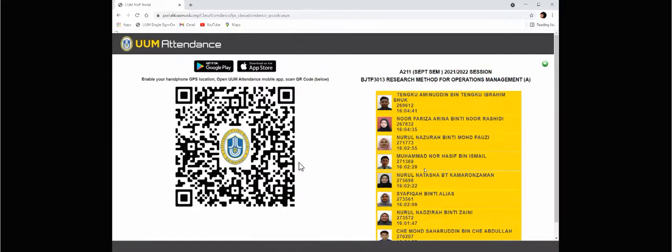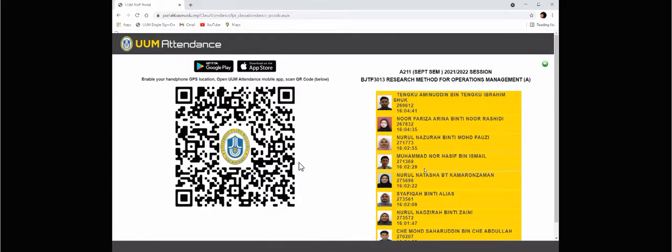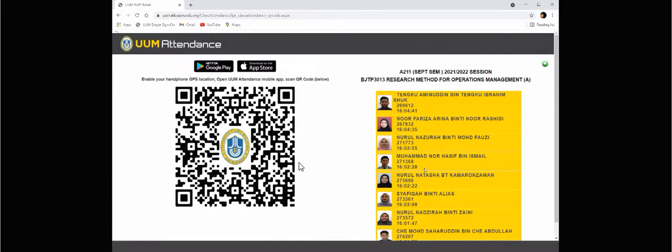Baik. Nur Fariza. Saya doktor. Tunku Aminuddin. Saya doktor. Nur Ashikin. Nur Alia Damia. Musyahlidan. Muhammad Syamizi. Teo Chi Kuang.